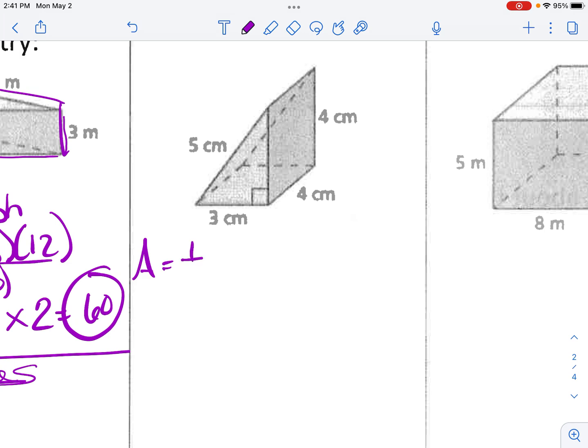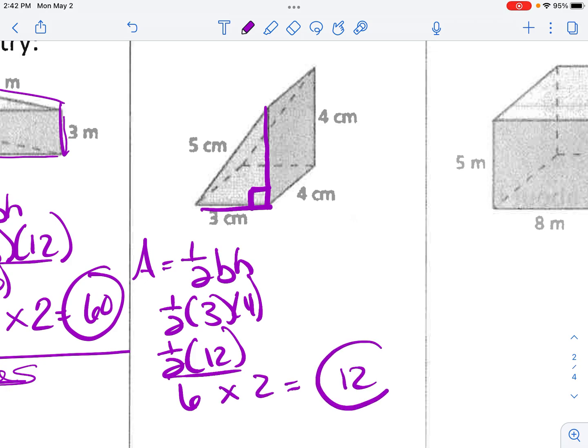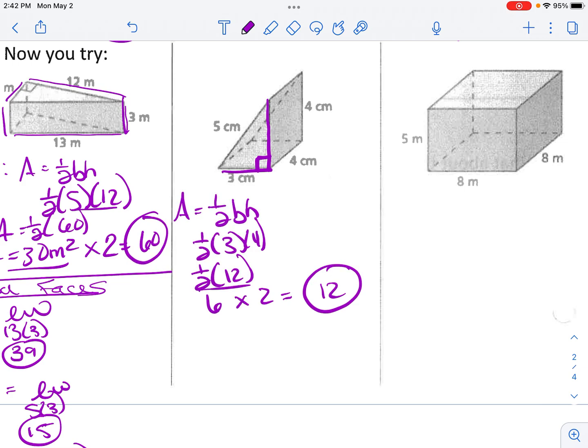Okay, so we're first going to do the triangle. Look for the right angle. It is a 3 by 4. So half of 12 is 6. There's 2. So my bases are going to be 12 centimeters squared.